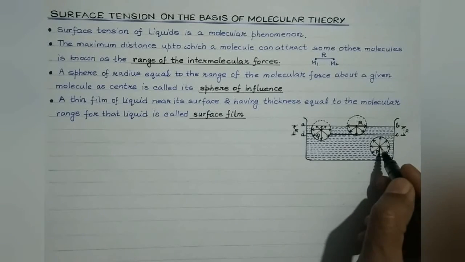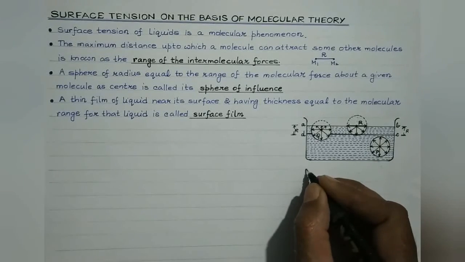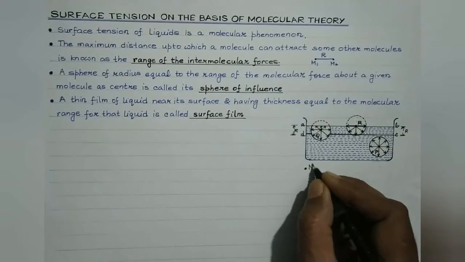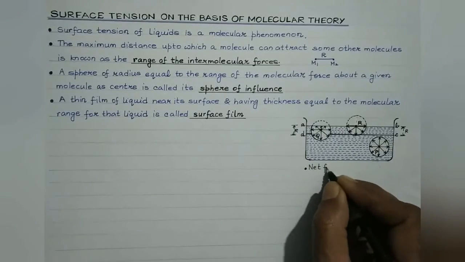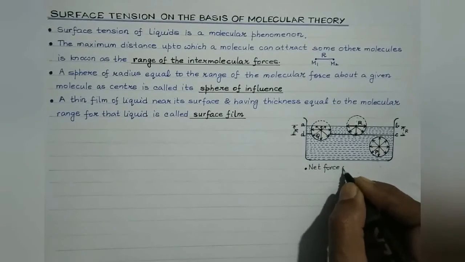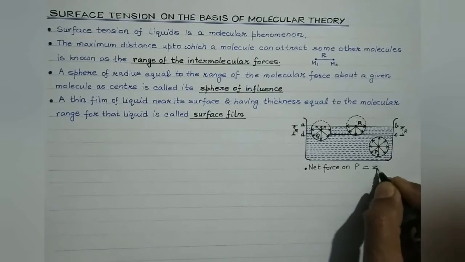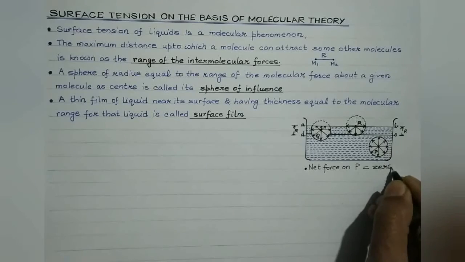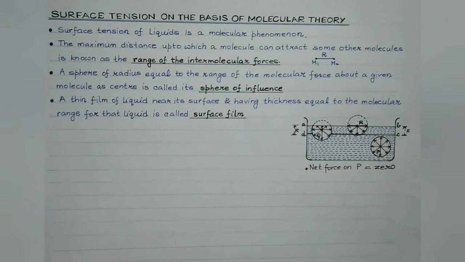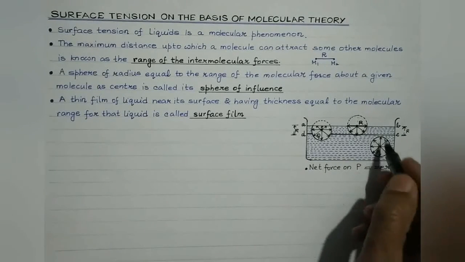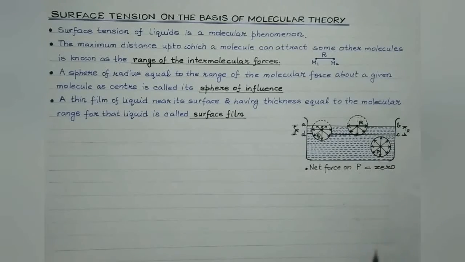So the resultant force acting on the molecule P, which is well inside the liquid, is 0. No net force is acting on the molecule P because it is attracted equally in all the directions.